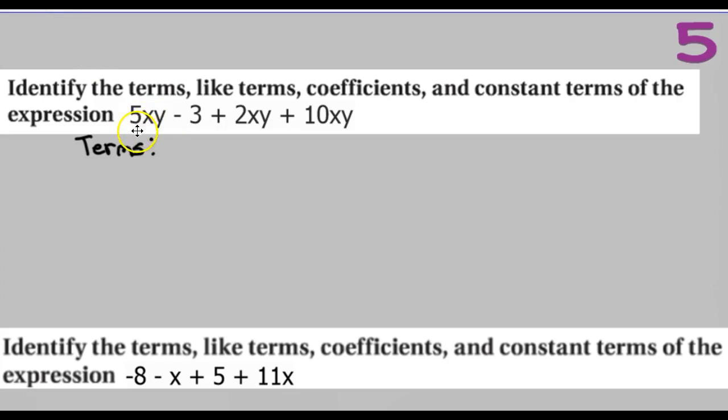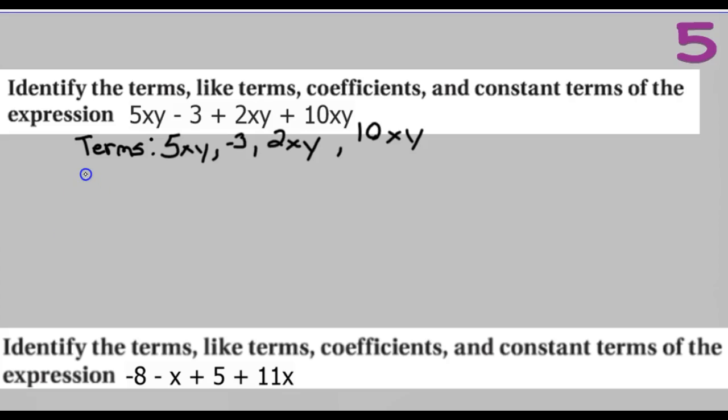So the terms are every part of our problem. So we have 5xy. We have a -3. We have a 2xy. And we have a 10xy. Those are all the parts of our problem. Those are all our terms.